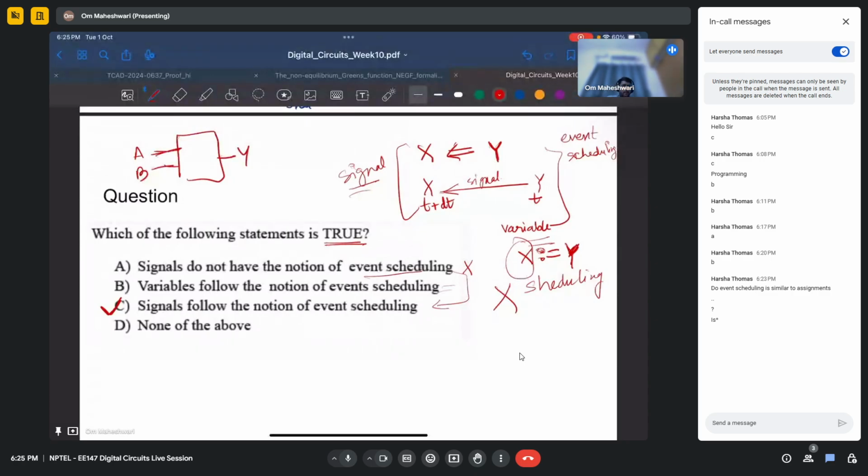Now to describe some behavior, you need another variable, S. We call it some temporary variable.